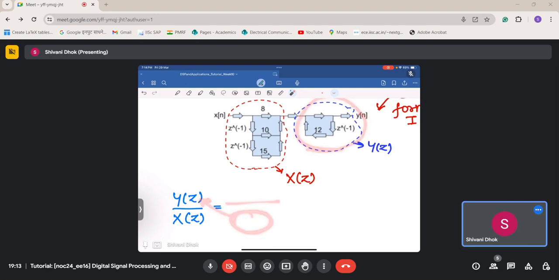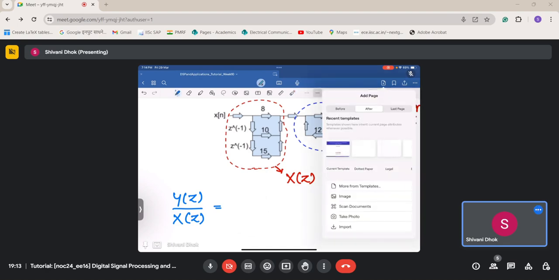Another thing that you should look at is, if I'm having, for example, let me just add one page.